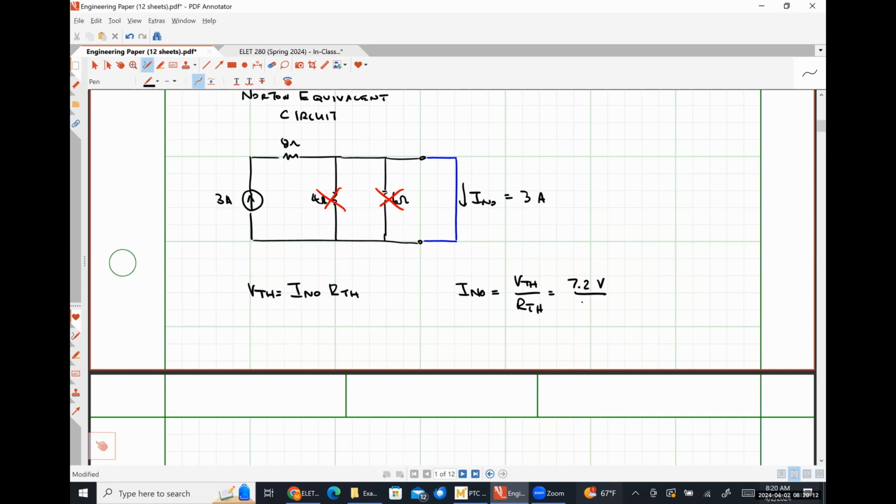I found my Thevenin resistance to be 2.4 ohms. What's 7.2 divided by 2.4? Probably 3. It is 3. So either we can find any of those quantities directly, or as long as we can find 2, we can figure out what the third one is just by using that Ohm's law relationship.